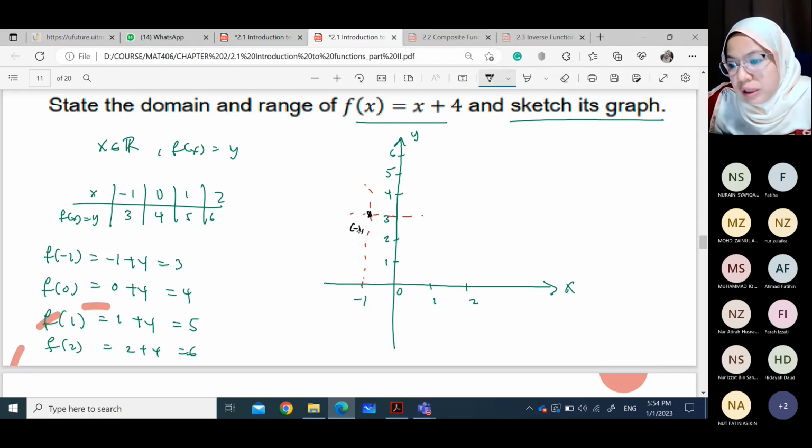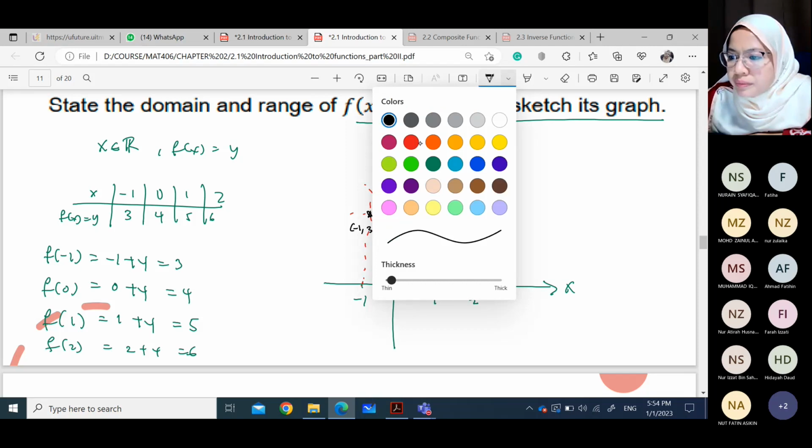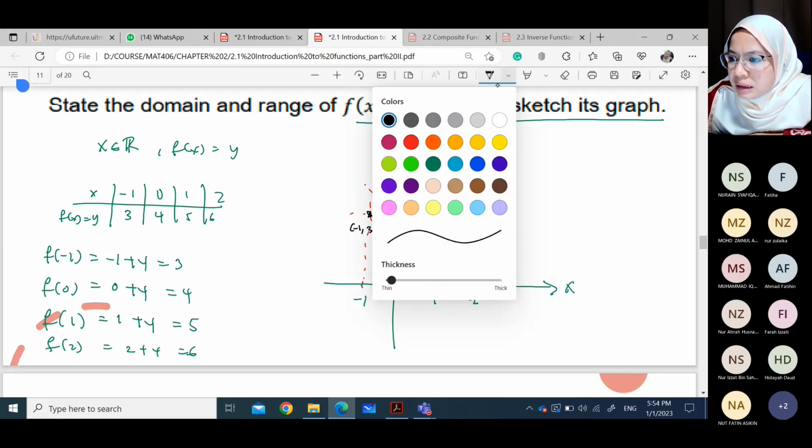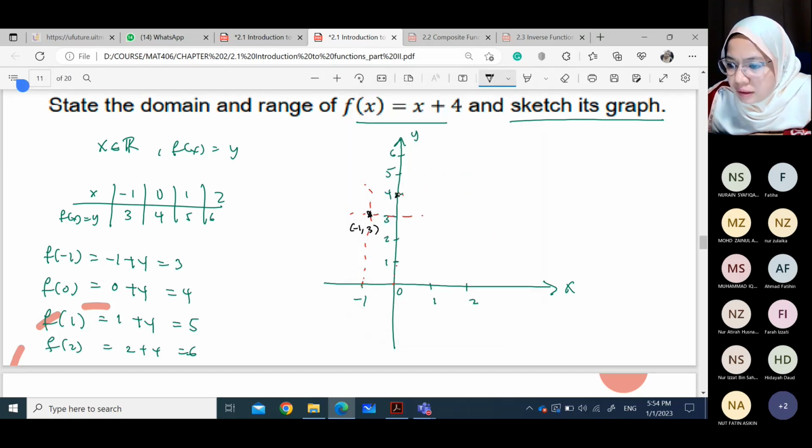The domain is negative 1 and the range here is 3. Next, for x equals 0, x is zero here, so our y is 4 here. So this is the point, (0, 4).